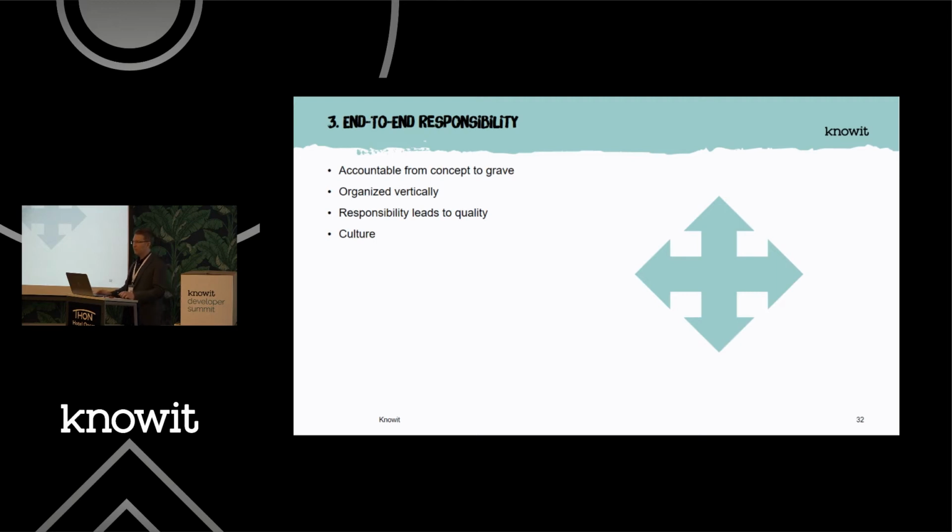Then there's end-to-end responsibility. People say in DevOps "concept to grave", which says that the teams really should be part of creating a concept, the technical solution, but also maintain the system, be the contact points to the customer teams all the way up to the grave, up to the retirement of the system.